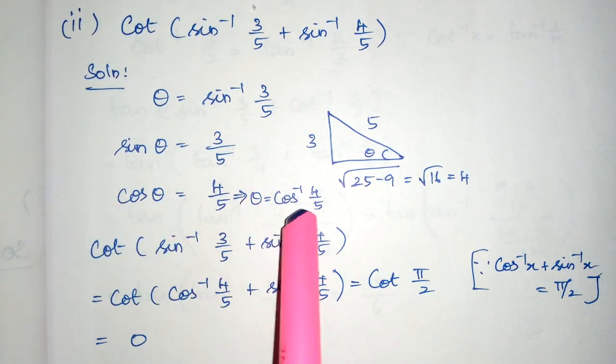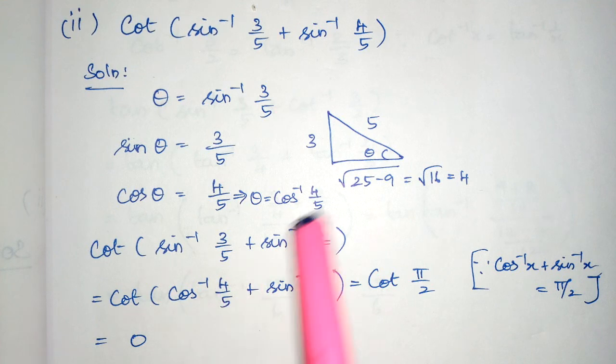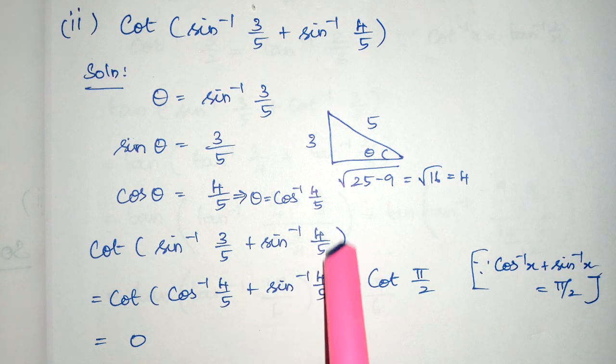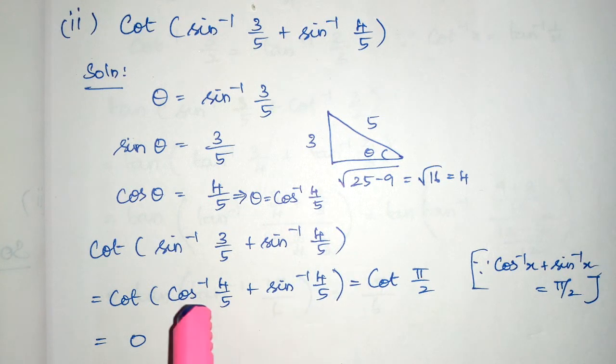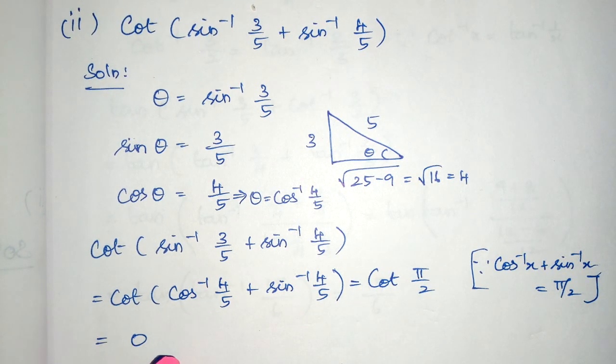So that is converted into cos inverse of 4 by 5. So in this place I have put cos inverse of 4 by 5. Here sine inverse of 4 by 5 is already there. So using this property, this is replaced by pi by 2. Cot pi by 2 is nothing but what? It is 0. So this is the answer.